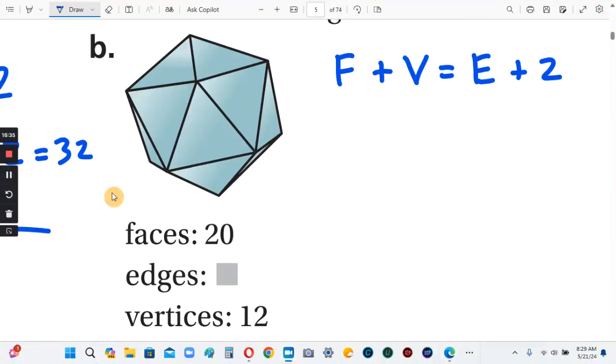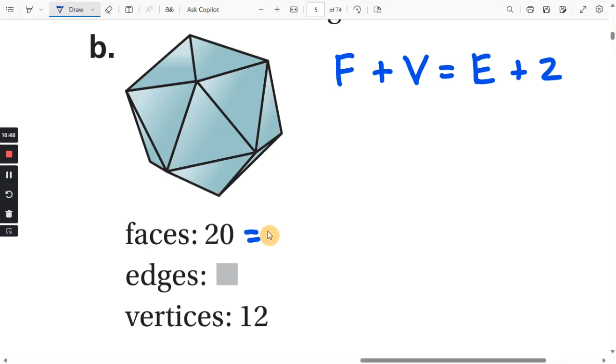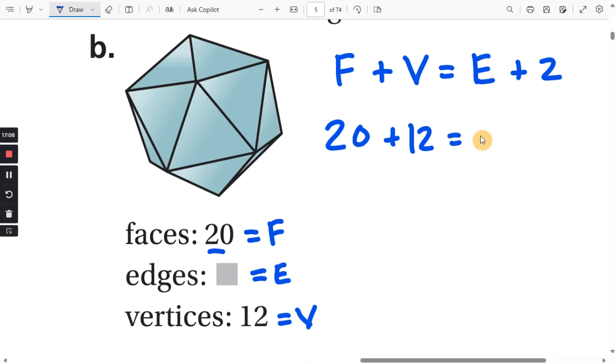All right, see if you can answer the same type of question in part B. Faces is represented by the letter F. Edges is represented by the letter E. Vertices is the letter V. All right, so F is 20, V, vertices, is 12. And that equals E plus 2.